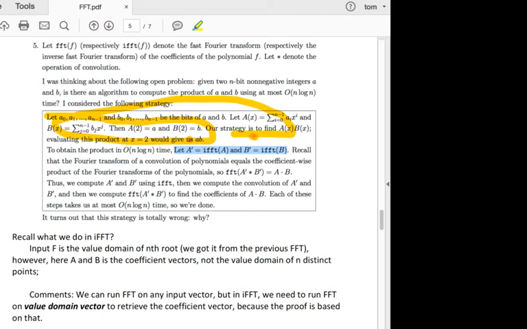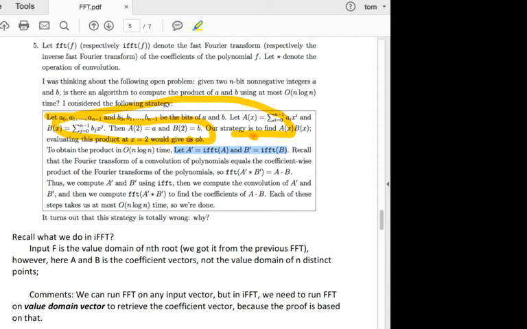When we multiply two numbers, it's just like we multiply polynomials and substitute x with 2, so it's exactly the same as the binary representation of a number. The polynomial A(x) uses those bits to form a polynomial exactly. So A is a coefficient vector.